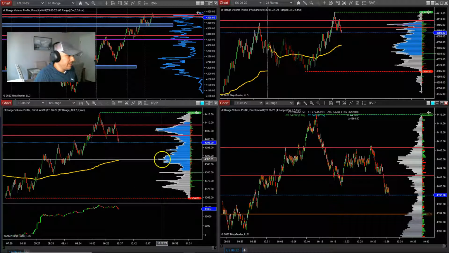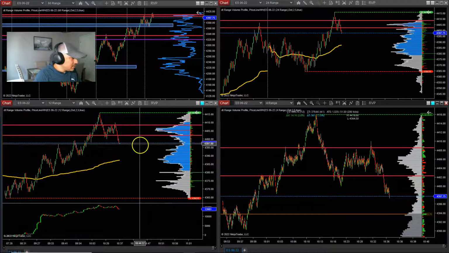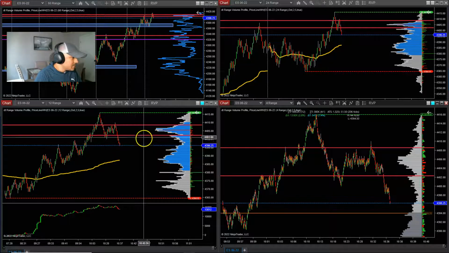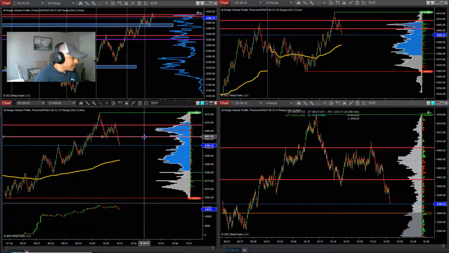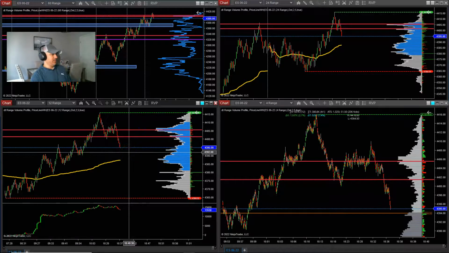Price could come on down in this area here. Market's not giving too many opportunities. Okay, at this point here, I'd be looking for a pullback. Yeah, I'll be honest with you. So I'm gonna wait. Let's see if it's gonna give me a pullback.